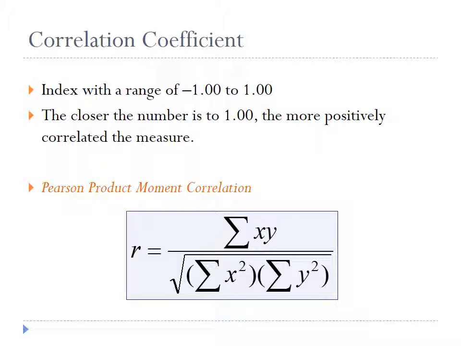A positive correlation indicates that scores on different measures are trending in the same direction, either both going up, which is positive, or both going down, which is negative.